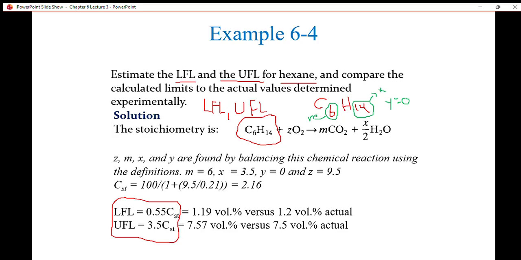Therefore you can simply calculate the Z value based on that equation, where Z equals M plus 1 over 4 multiplied by 14. Then you get Z equal to 9.5, and by applying that equation, which is 100 divided by 1 plus Z divided by 0.21, you get the exact value of the CST. And once you get the value for the CST, you can simply calculate the lower flammability limit and the upper flammability limit for this compound.